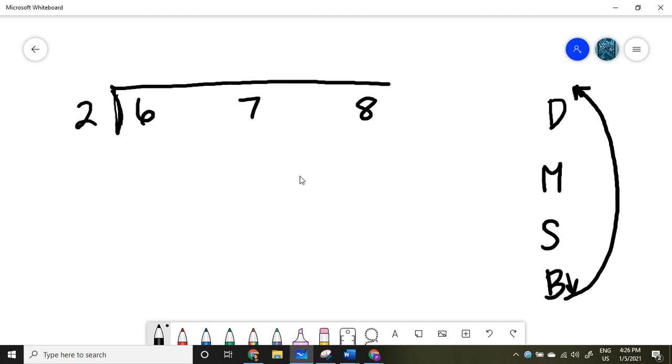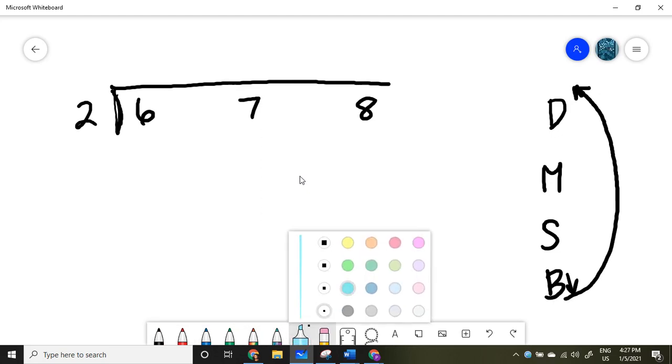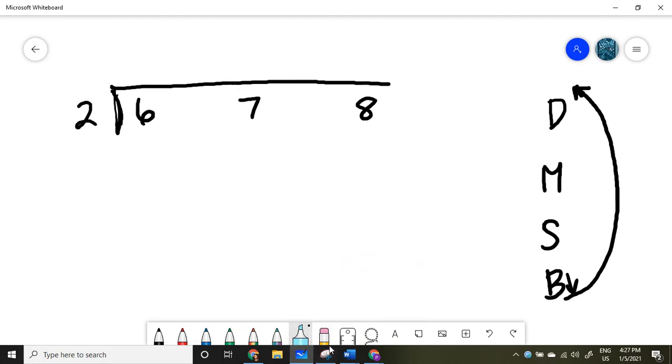So, I start by doing what small problem? I start with 6 divided by 2.